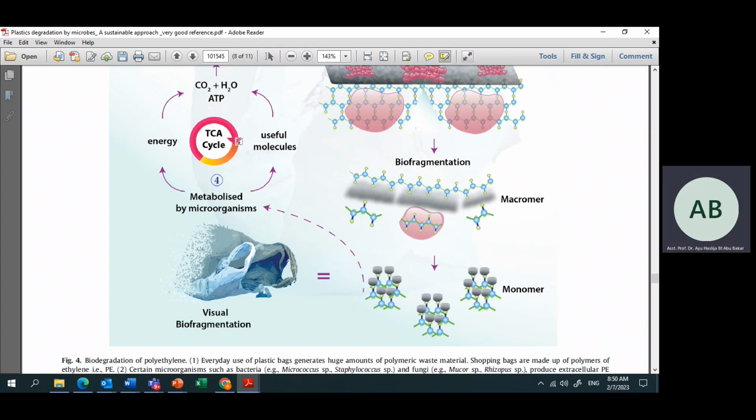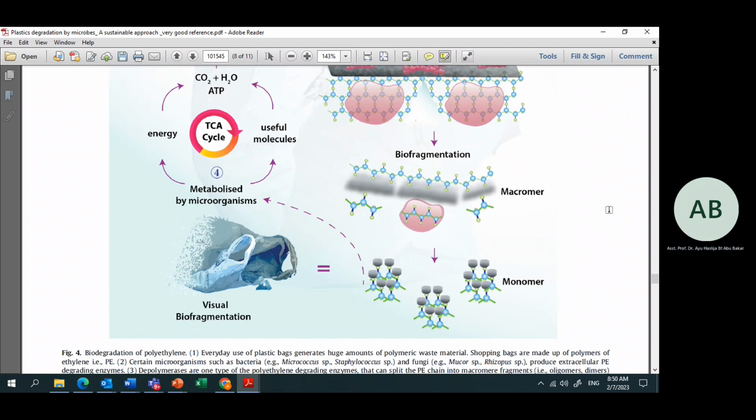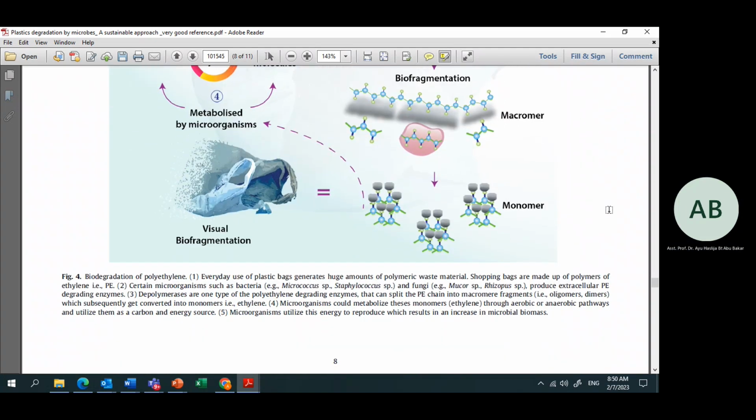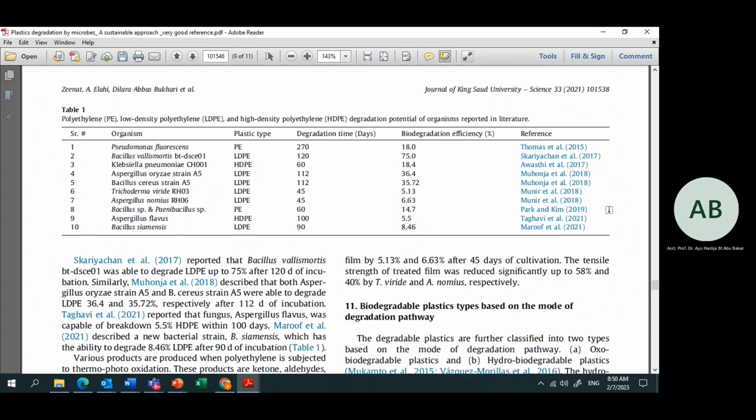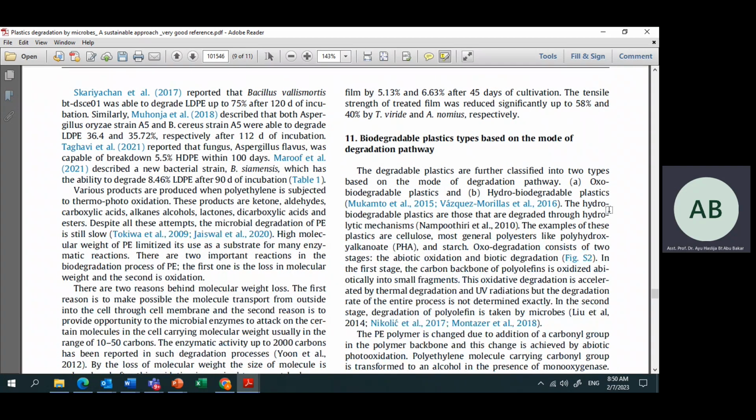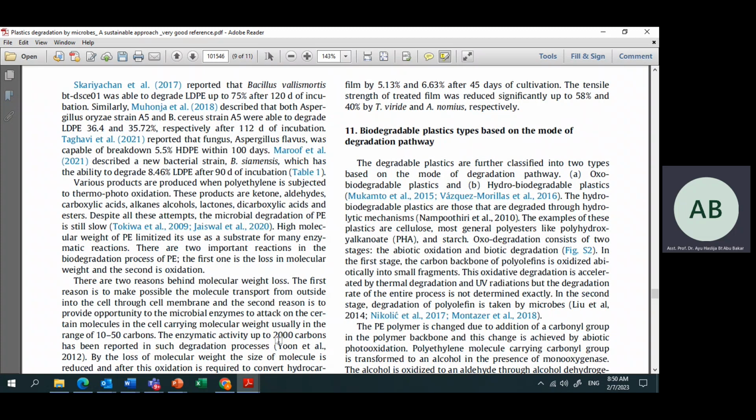The TCA cycle itself in biochemical engineering, if you take that course, will be one subtopic. I will share with you these journals, no worries.